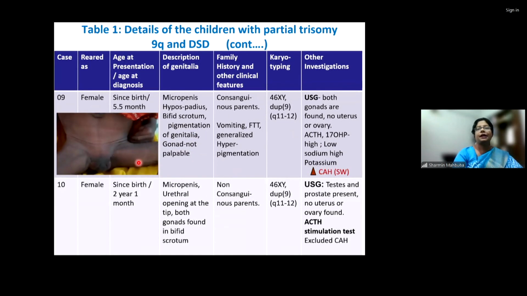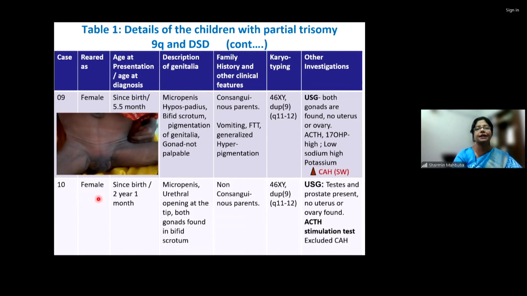Out of 11, 3 had karyotyping 46,XY with duplication of chromosome 9, and one of them was diagnosed with the salt-wasting variety of congenital adrenal hyperplasia along with the duplication of chromosome 9.